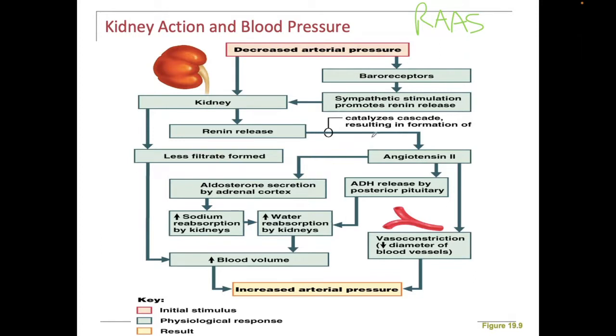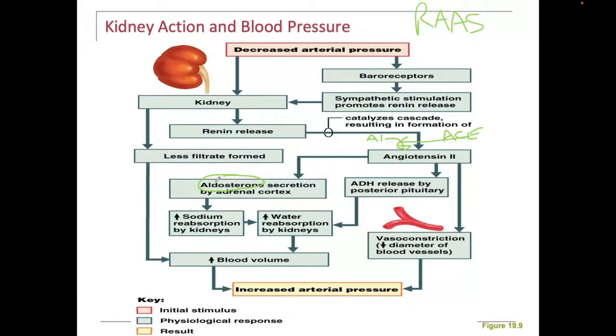And then angiotensin 1 gets converted into angiotensin 2 right here by way of angiotensin converting enzyme. Okay, what is angiotensin 2 going to do? It is going to be stimulating the adrenal cortex, right? We have aldosterone secretion by the adrenal cortex.